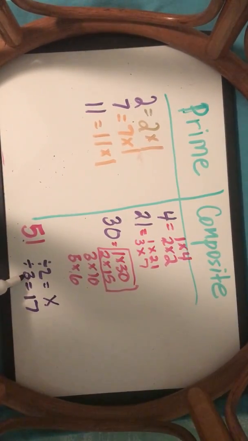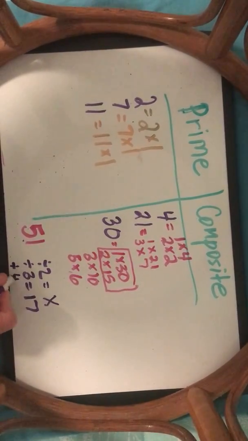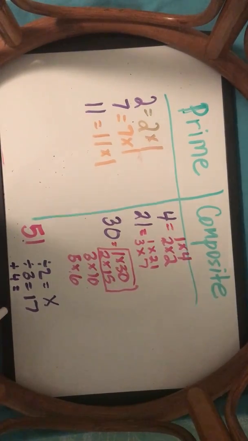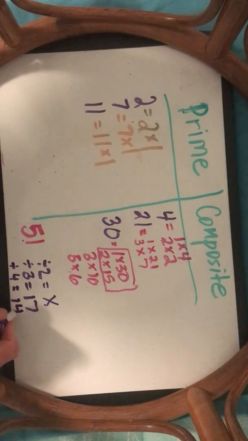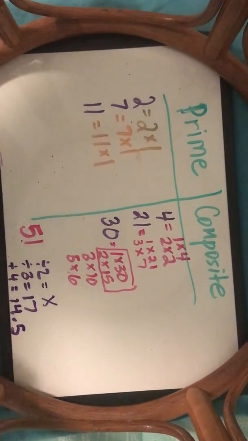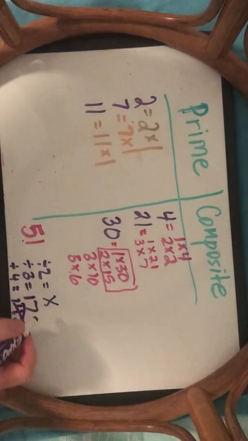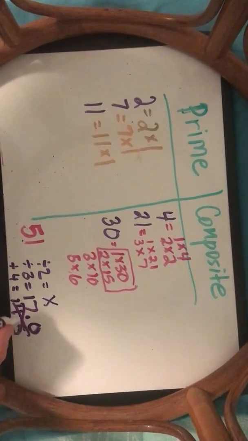Well, if 3 didn't work, you would have to go on to the next number. Plug in 51. Try divided by 4. If you get an answer on your calculator that has a decimal point in it, like I don't have a calculator right now, but say it's 14.5. No, that is not a whole number. If there's only a decimal point after the whole number, then that's okay, because that's just like 0.0.